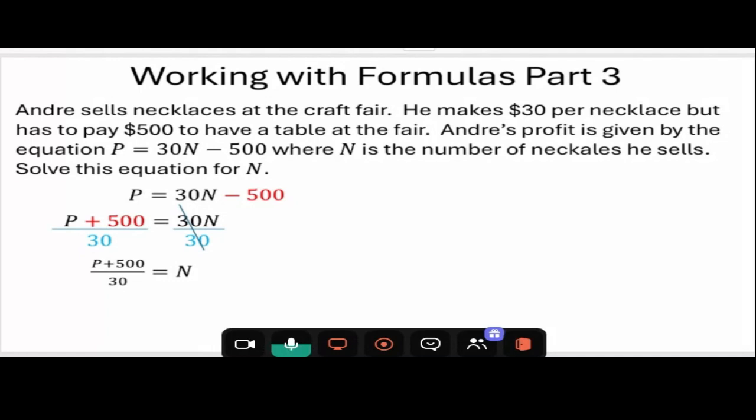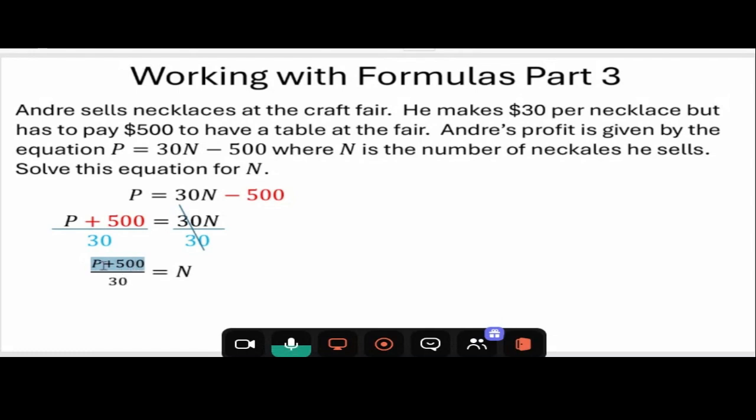Some people, and this is important, are tempted to reduce the 500 and the 30, but you can't because the top has more pieces in it. So that's an important thing to remember. You cannot cancel part of the fraction on the top and bottom.